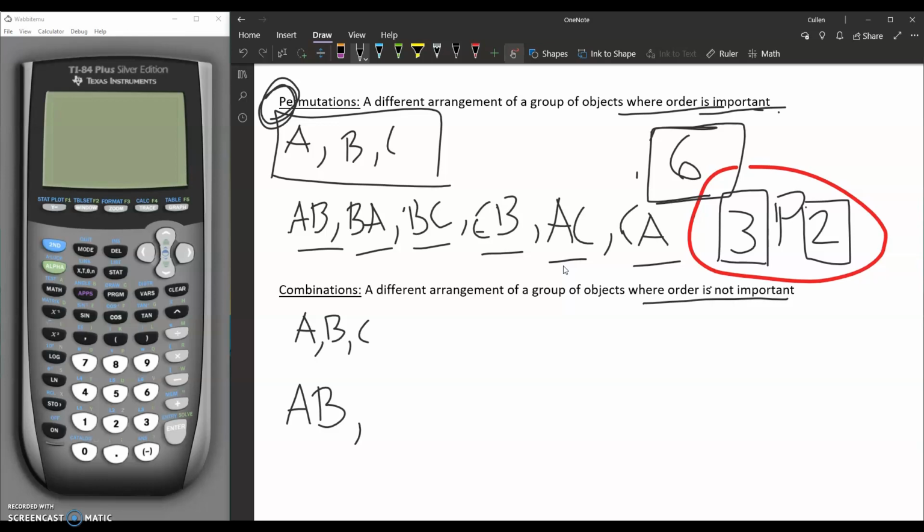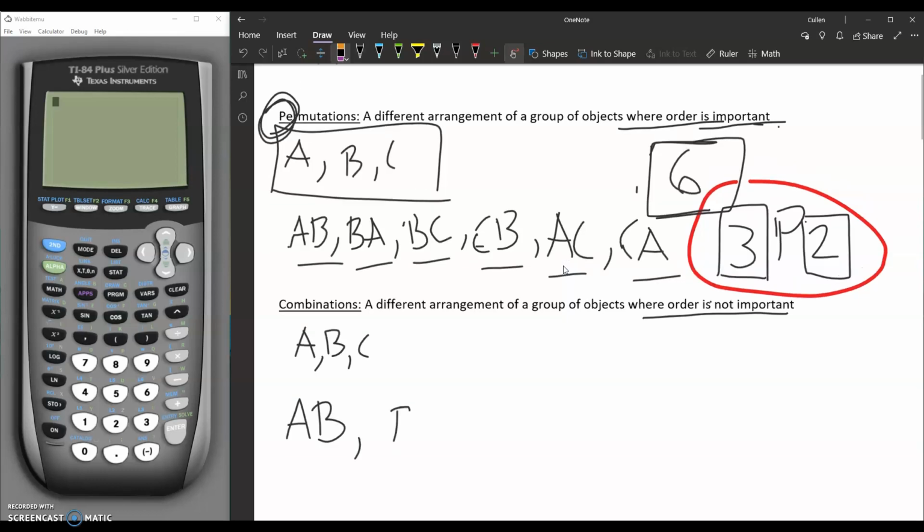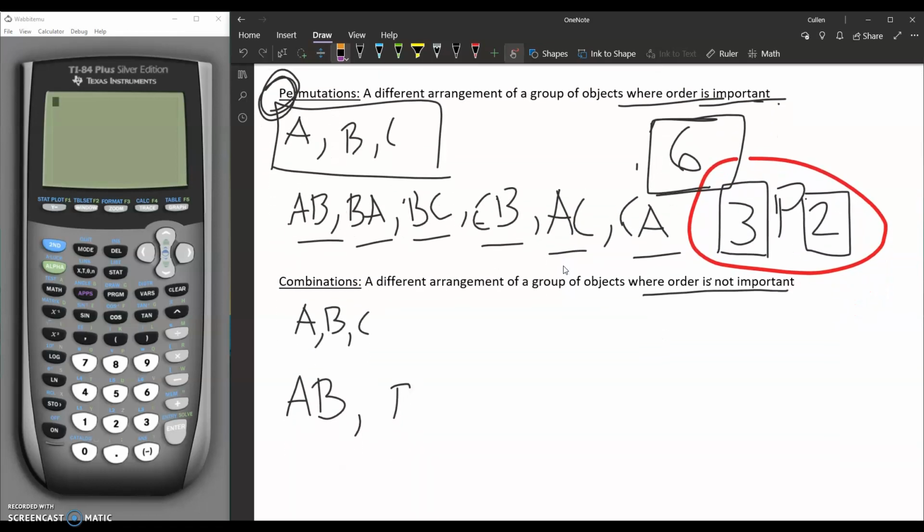But all you need to know for this point is that order is not important here. Order does not make a different situation. And then you can group B and, oh, we did A and B. I guess we can do B and C.